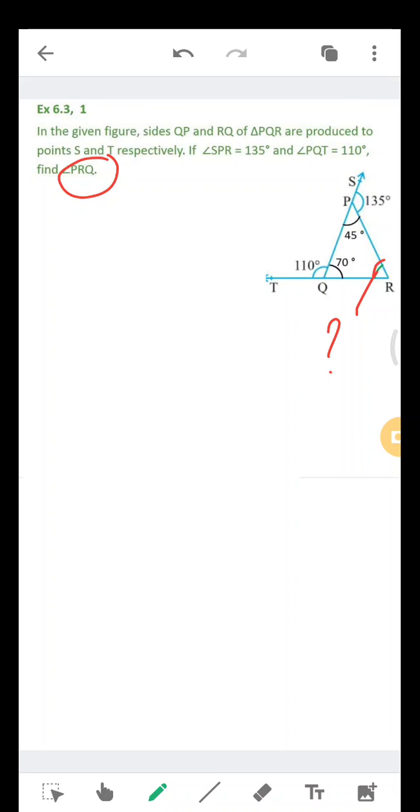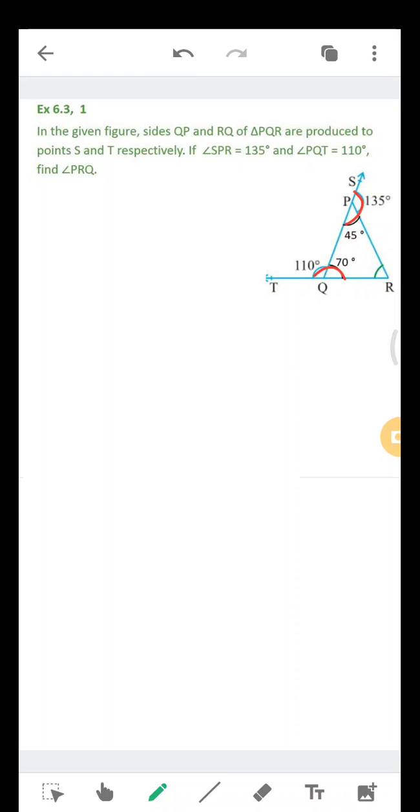So for finding PRQ, first we will find by linear pair axiom, because this is 135 given to us. So I can say by linear pair axiom I can find this angle. This will be 45. 135 plus 45 is 180, and if this is 110 given to us, then we can easily find the other angle by linear pair axiom. So this will be 110 plus 70 is 180.